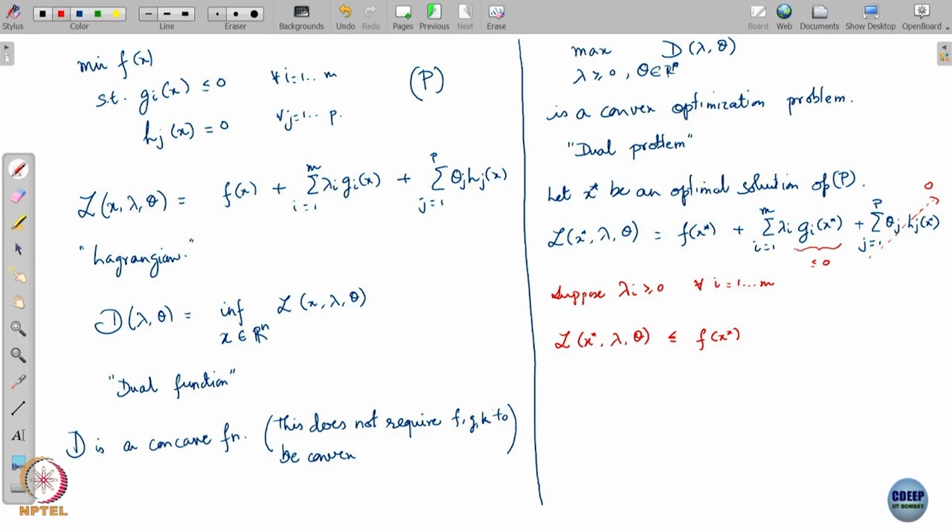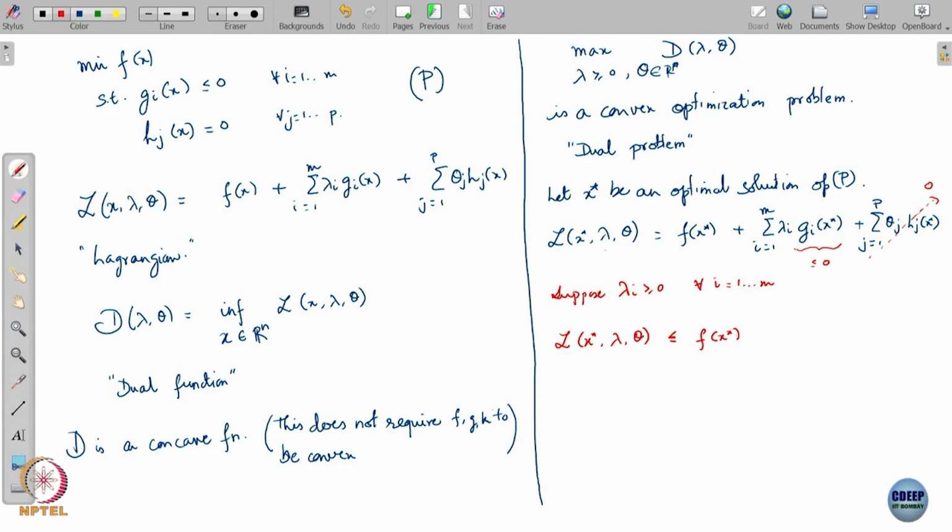Why? Because the g i's are less than or equal to 0 and these other terms have disappeared.